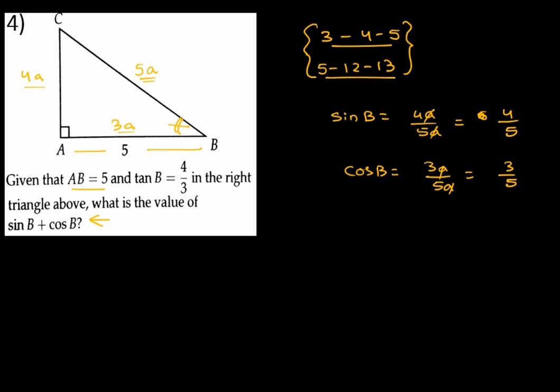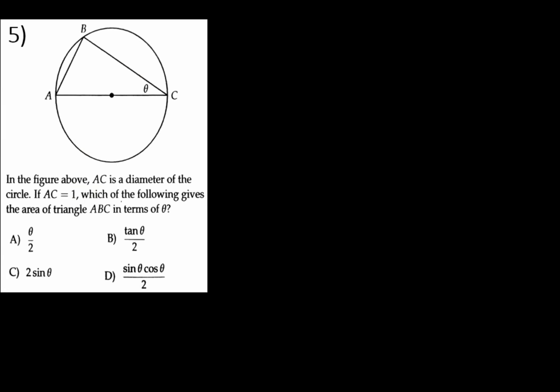Now if you add sine B plus cos B, it results in 4 over 5 plus 3 over 5, that gives you 7 over 5, and the value for this is 1.4. So the sum of sine B plus cos B over here is 1.4. Now let's go to the next question.